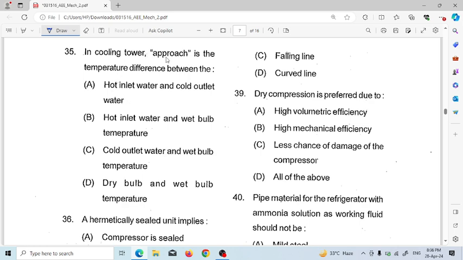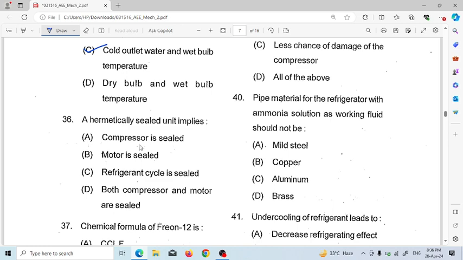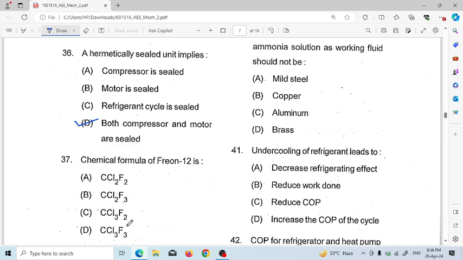In cooling tower, approach is the temperature difference between cold water outlet temperature and wet bulb temperature. Next, a hermetically sealed unit implies that both compressor and motor are sealed. Hermetically means both compressor and motor are at one place, that means sealed.